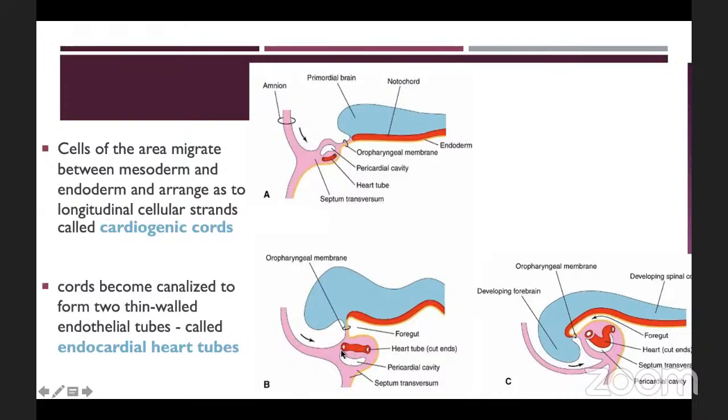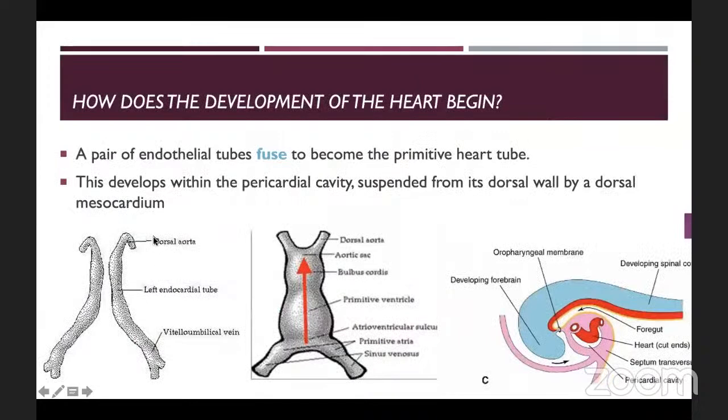This cardiac tube is in each side of the mesoderm. So the pair of endothelial tubes fuse to become the primitive heart tube. This develops within the pericardial cavity, suspended from its dorsal wall by the dorsal mesocardium. This is the dorsal mesocardium.